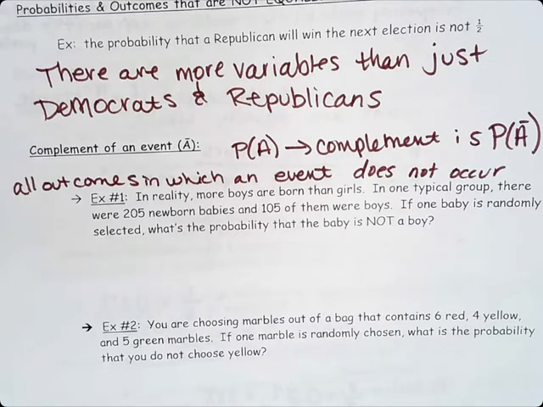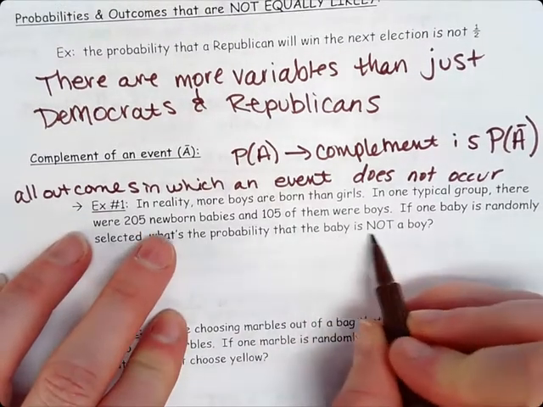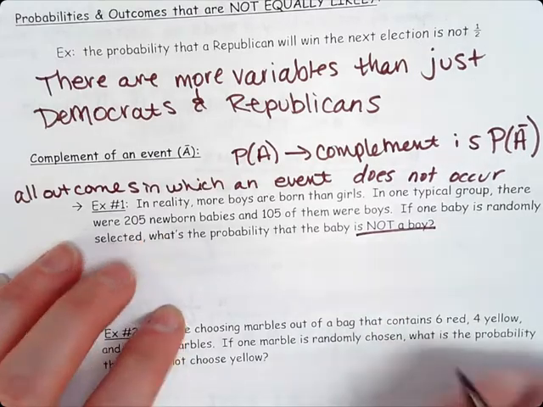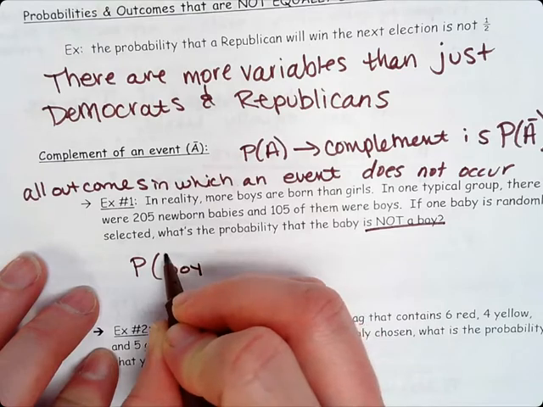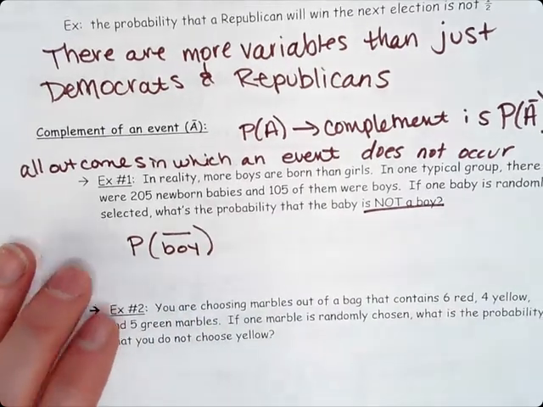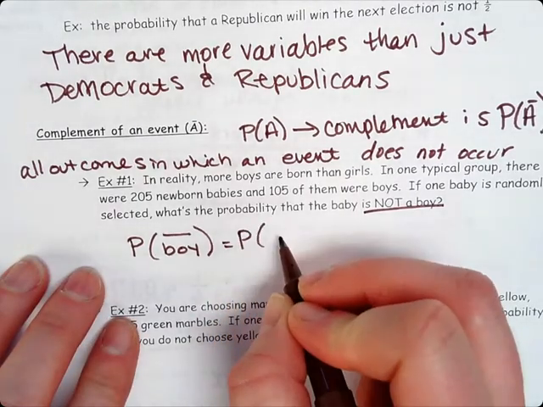In reality, more boys are born than girls. In a typical group, there were 205 newborn babies, and 105 of them were boys. If one baby is randomly selected, what's the probability that the baby is not a boy? So we would do probability of boy, but with a line over the top. Or we could put not a boy. Or really, doesn't that just equal probability of a girl?